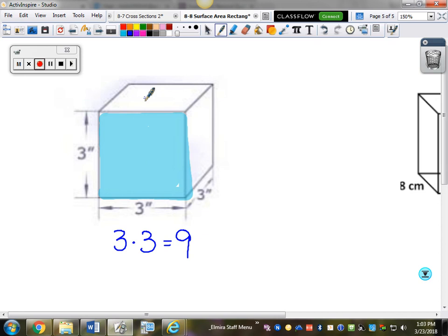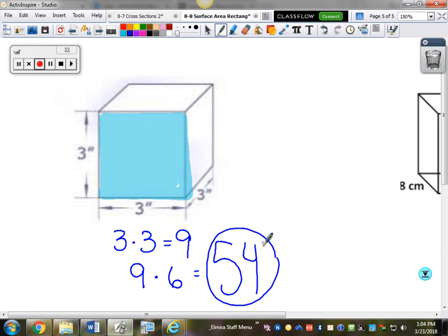In fact, all 6 faces on a cube are the same. So I can take my 9, multiply it by 6, and get 54 for my total surface area of a cube. It's a little bit less work because all 6 faces are the same.